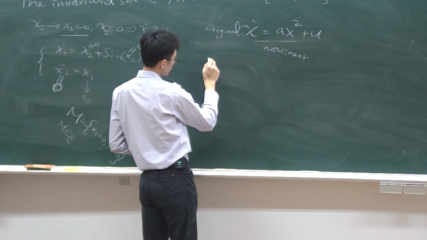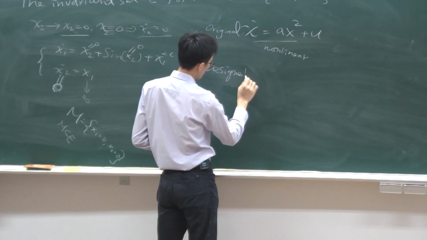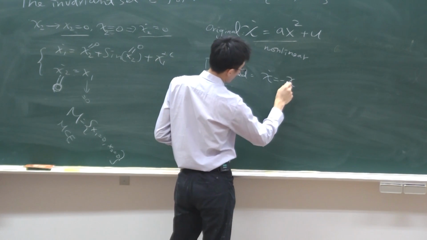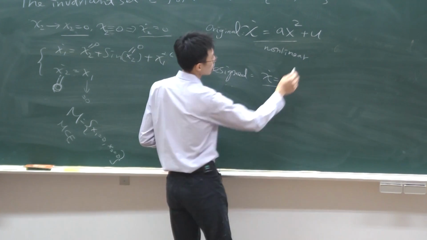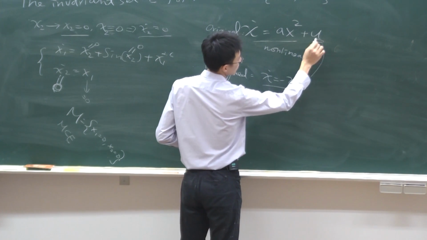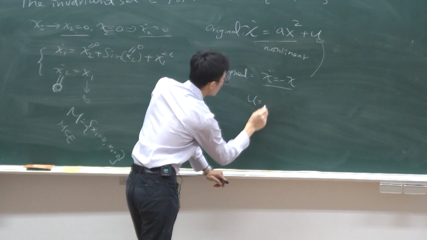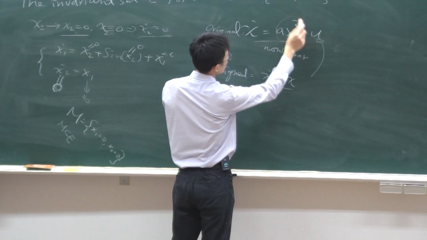Now you want to change the open loop dynamics to some desired dynamics, which is x dot equal to minus x, because we know it becomes linear and most important is stable. How do you design this U? So it should be easy, right? You need to design a U that cancels out the first term, right?